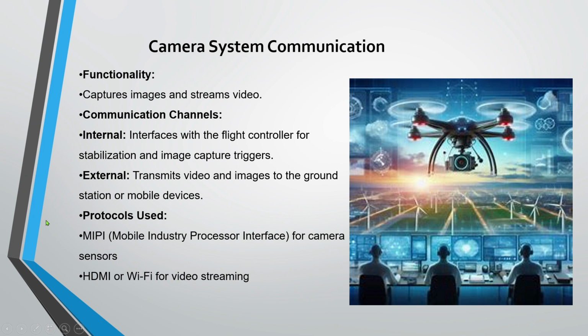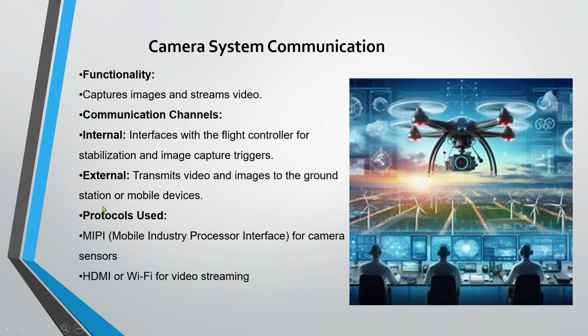And for communication from the camera to the flight controller, we have the camera system communication, which provides the functionality of capturing images and streaming video. It also has communication channels, which are of two types: internal communication channel and external communication channel.